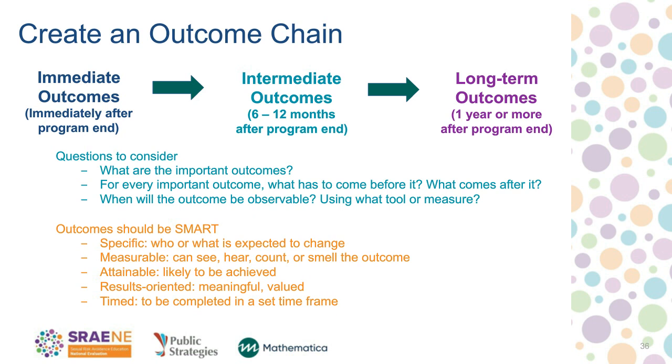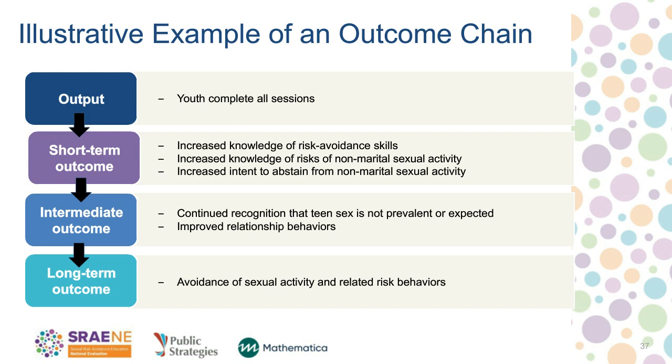So here we go. You can see here that I have an output, and in this case, my output is that youth complete all sessions. And then I have some short-term or immediate outcomes, and this is about increasing knowledge and increasing intent to abstain. So this is about increasing some knowledge, skills, some intent.